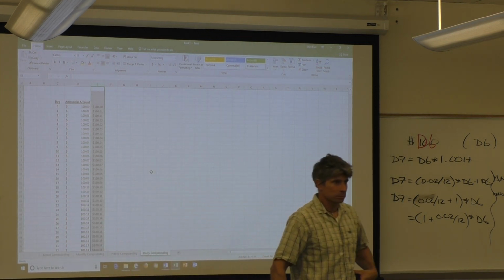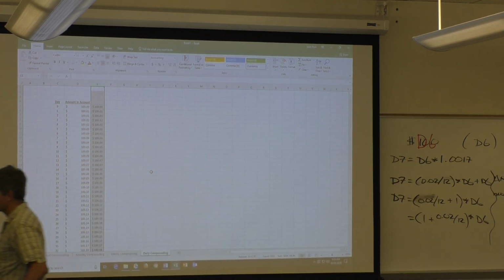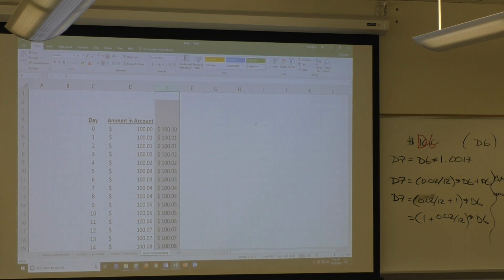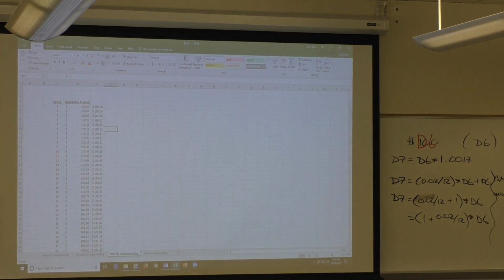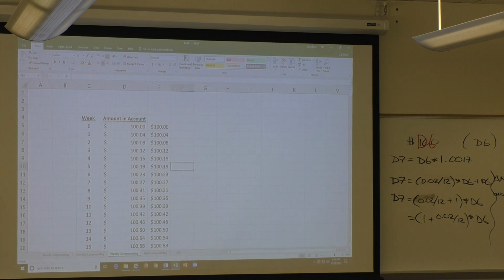I'll make them bigger so you can see them. This is daily, the first few dailies. Here are the first few weeklies. Monthlies and annuals we already did yesterday.